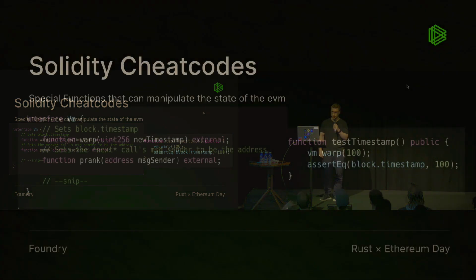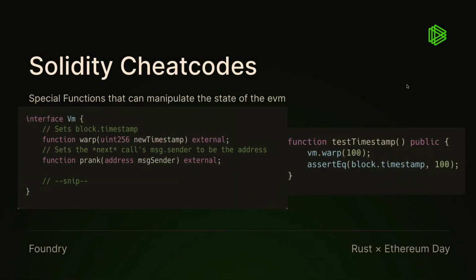A core part of Forge are Solidity cheat codes, which you can use during tests to manipulate the EVM or the state directly in a way that wouldn't be valid on the real chain, but it helps during testing if you want to fake the address of a caller, for example, or something simple like setting the block.timestamp variable.